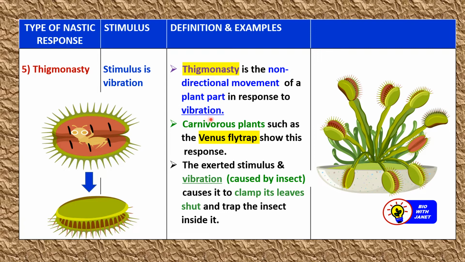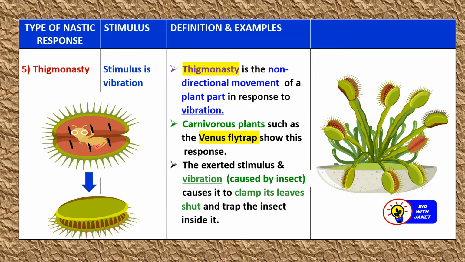So vibration of what? Vibration of the parts of the trap, right? Caused by the insects. Now, carnivorous plants such as the Venus flytrap show this response. So the vibration caused by the insect will cause this trap to clamp its leaves shut, that means to close the leaves, to trap the insect inside it, so that the plant can digest the insects, right?